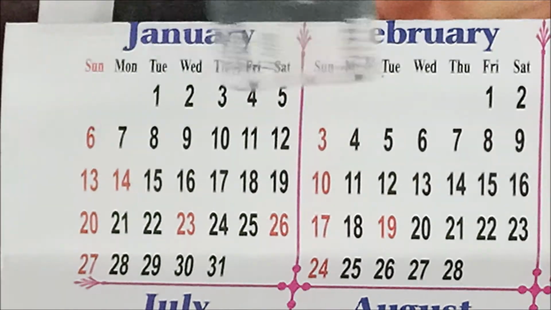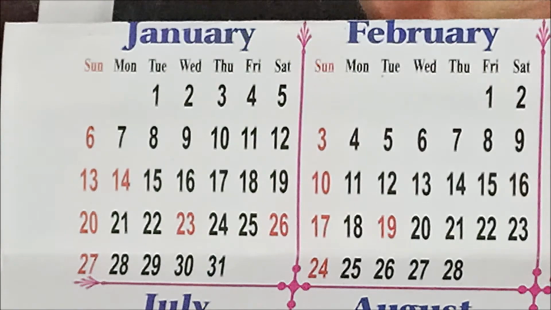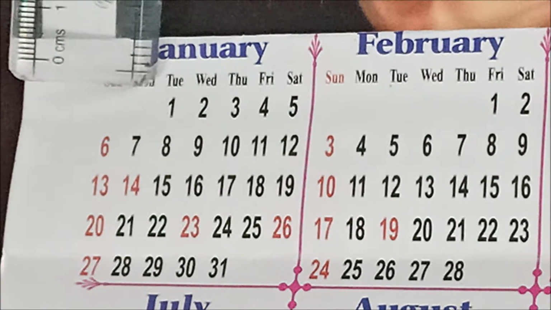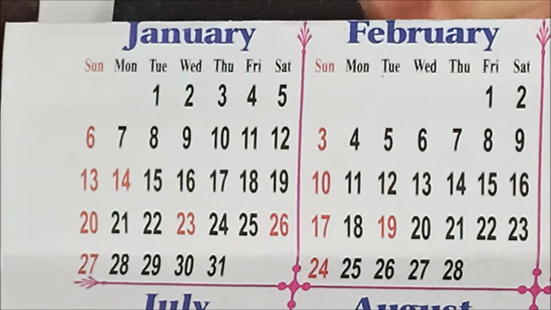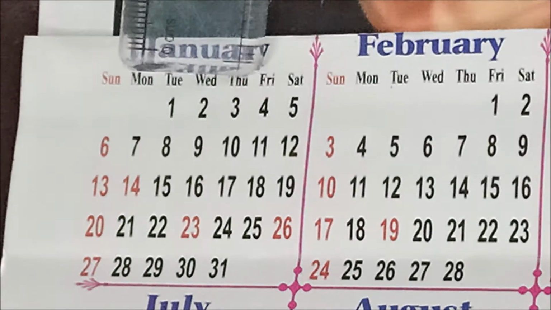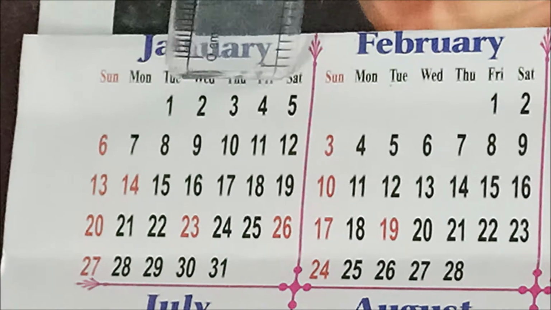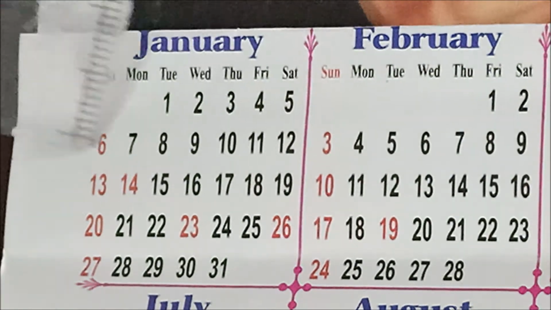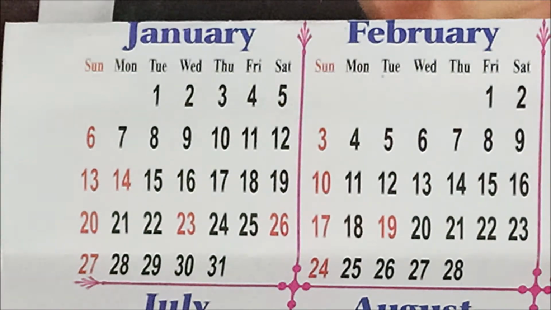So in a week there are 7 days. What are the days? Sunday, Monday, Tuesday, Wednesday, Thursday, Friday, Saturday. These are all the days in 1 week.